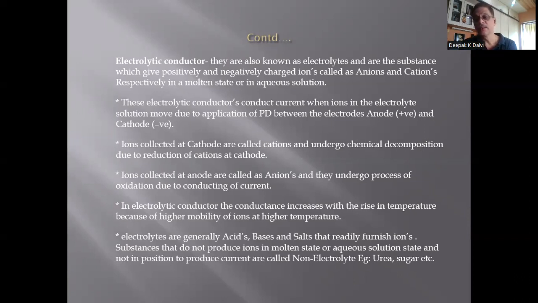Such substances are called non-electrolytes, and examples are urea, sugar, etc.